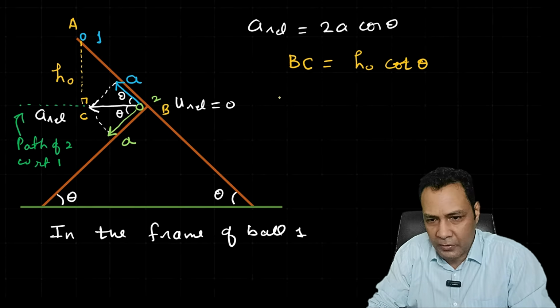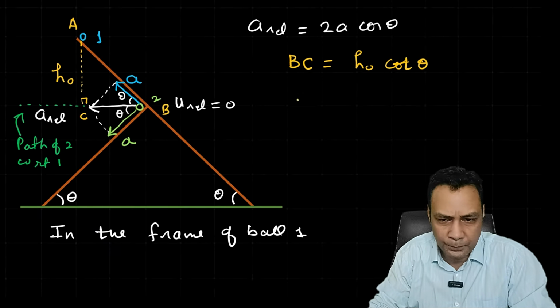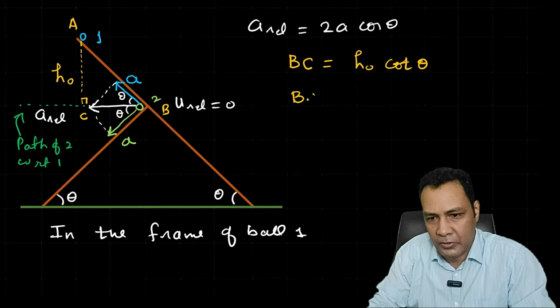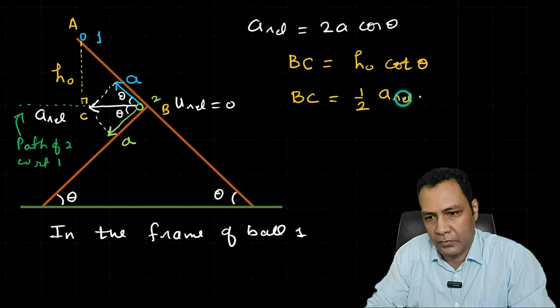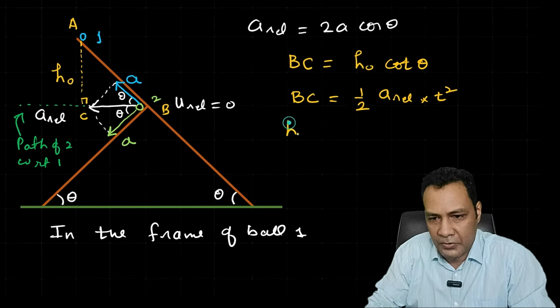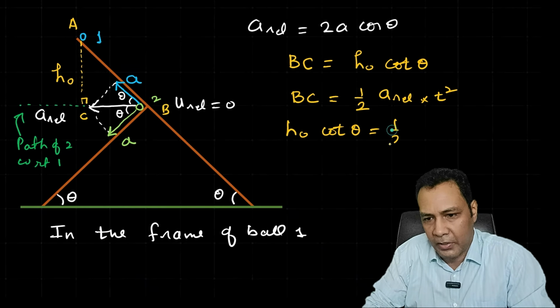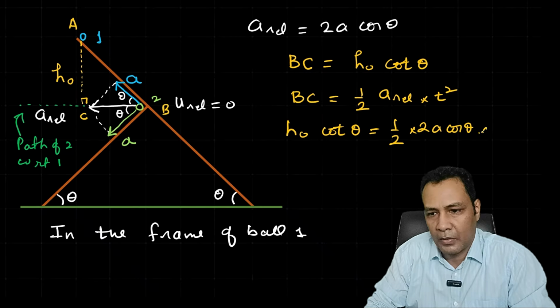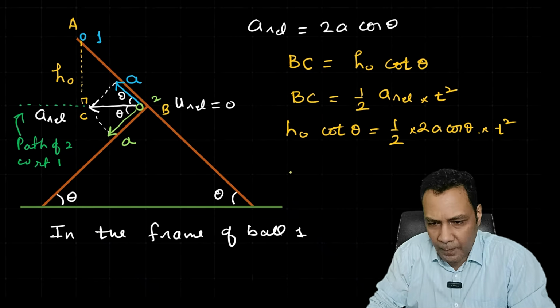So if the time taken is say tau, then BC is equal to half a relative into tau square. Just put the value. This is h naught cot theta, half a relative is 2a cos theta, into tau square.